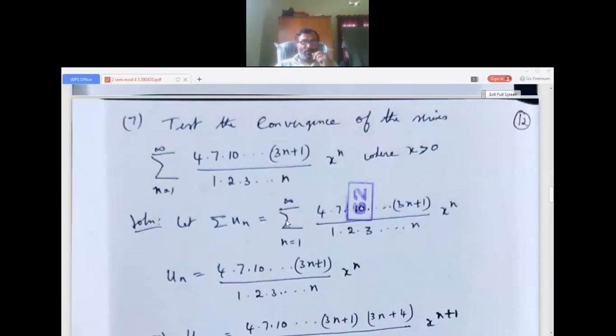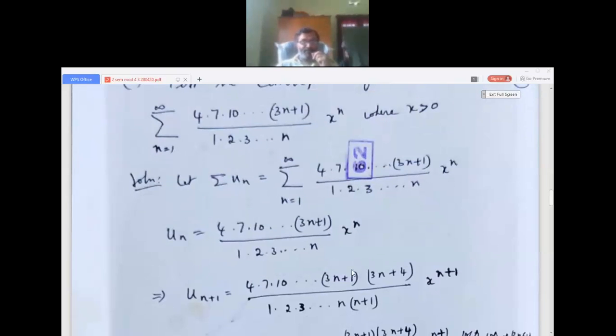This is un. I hope you understood what you are doing. This is the summation series. The nth term un is 4 into 7 into 10 goes on till 3n plus 1 divided by 1 into 2 into 3 till n into x power n.